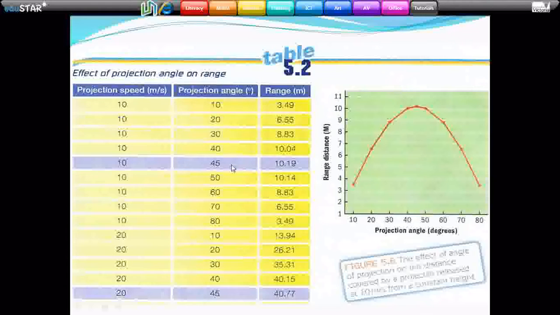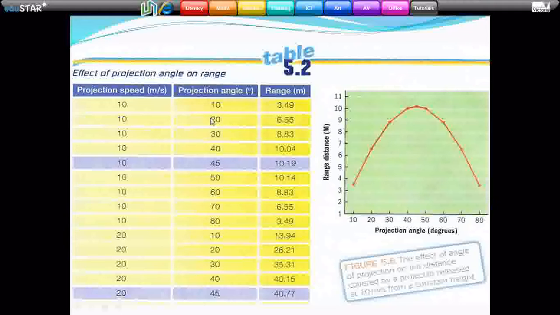This table indicates the projection speed, so the speed of release, and also the projection angle and how far a particular object might go. If we project an object at 10 meters per second at an angle of 10 degrees, then it will travel about 3.5 meters.